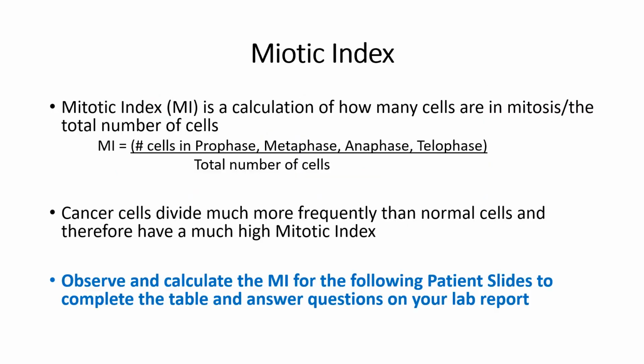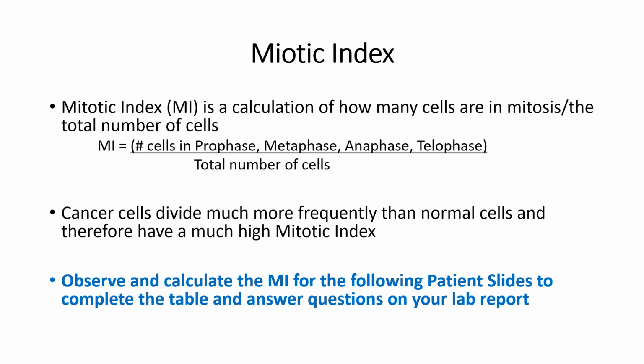One thing we calculate is the mitotic index, and the mitotic index gives us an indication of how many of our cells, when we take a look at a tissue, how many of them are in mitotic stages, so prophase, metaphase, anaphase, and telophase. And when we compare a normal tissue to a cancerous tissue, you will actually notice a difference.